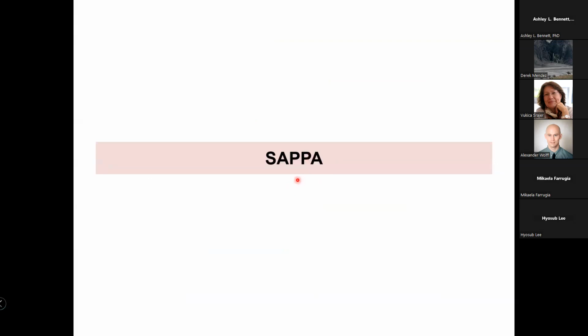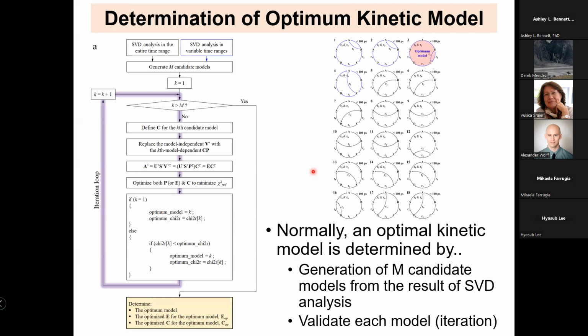First, let me begin with the introduction of the SAPA method. As mentioned in the previous slide, the analysis of TRXL data is quite complex. Even when we focus solely on the kinetic analysis part, it still remains quite complex.